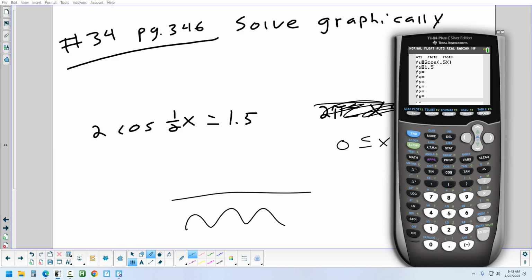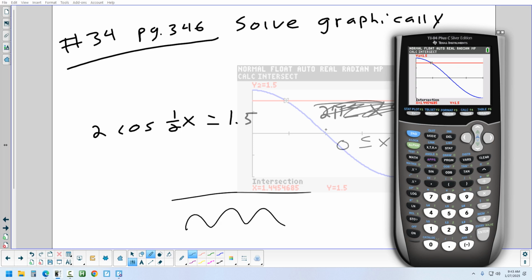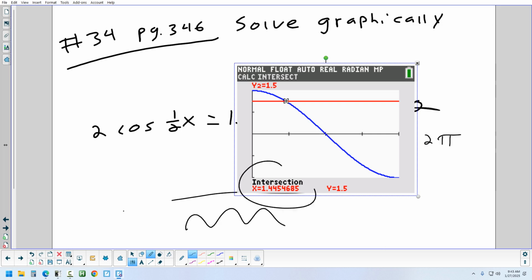So because of that, it will hit somewhere, probably only one time though, because that 0.5 is causing the graph to stretch. So it's not cycling fast enough to get another intersection point with the red one, at least not in that window. Okay, so this one only has one answer. And it's 1.445.